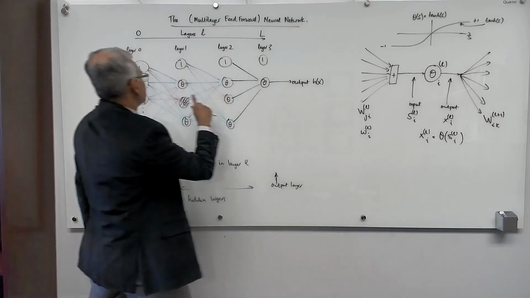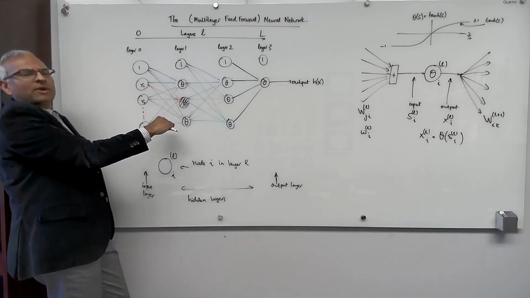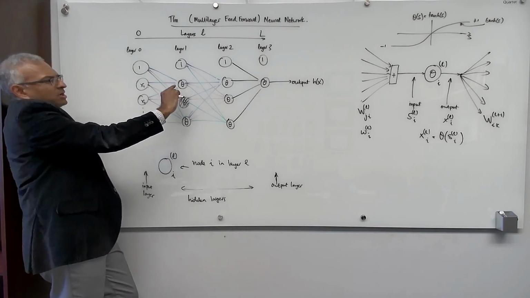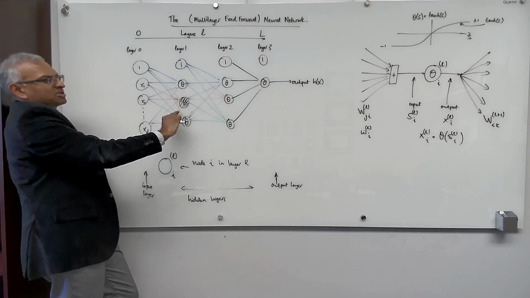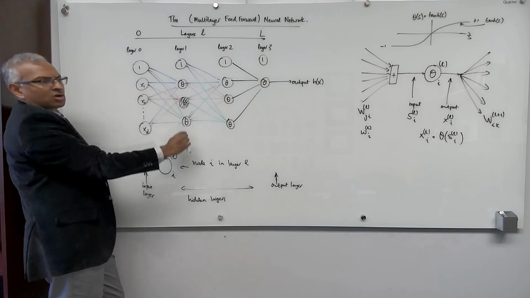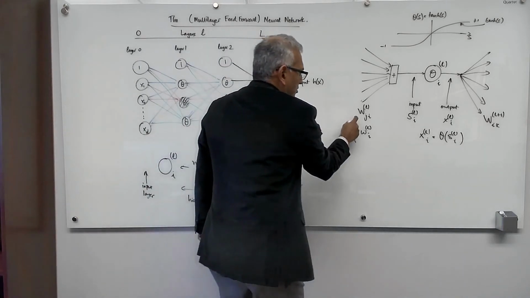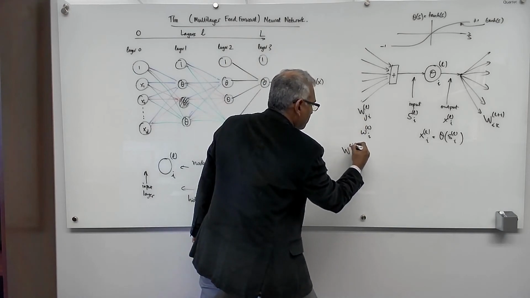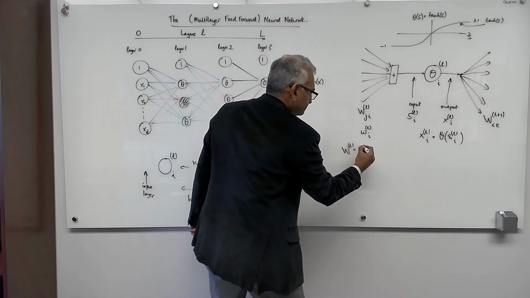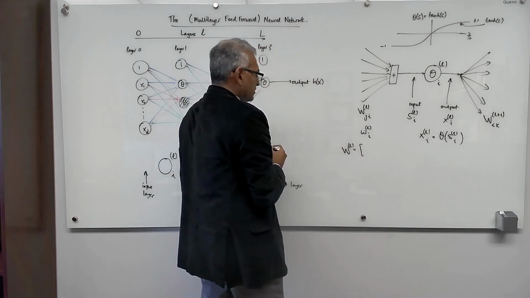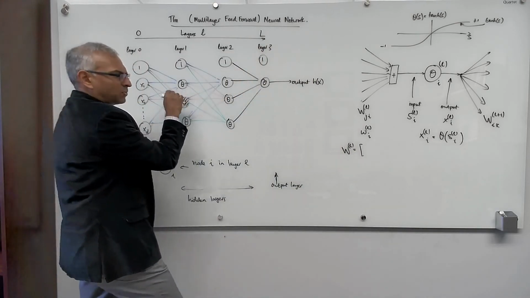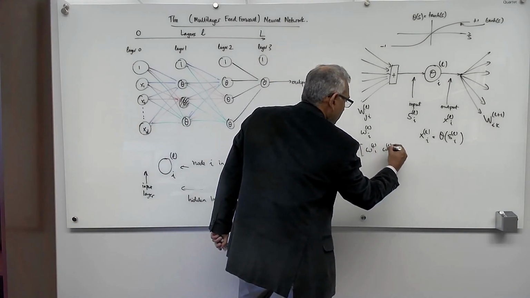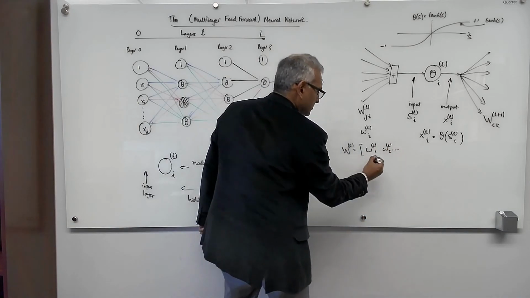This matrix of weights, though it has many weights, is composed of a set of perceptron weights for each node, depending on how many there are. So it's convenient to represent this set of weights W_L as the weights coming into node 1, W_L1, W_L2, and so on. So this is W_L.